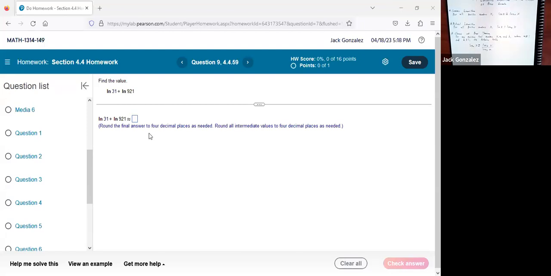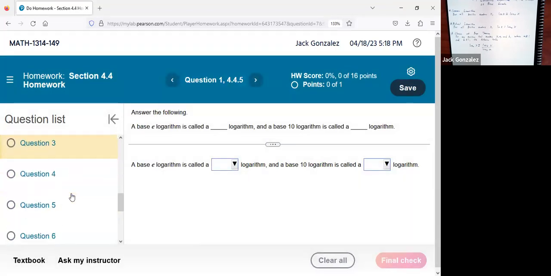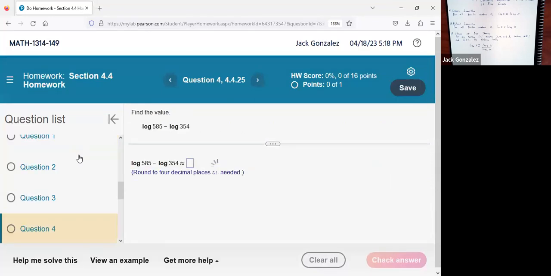The first few are just definitions. I'll let you deal with that. But here, see how they're saying log 585 minus log 354. You're just plugging this into your calculator, base 10, and subtracting it. There's nothing else to do.